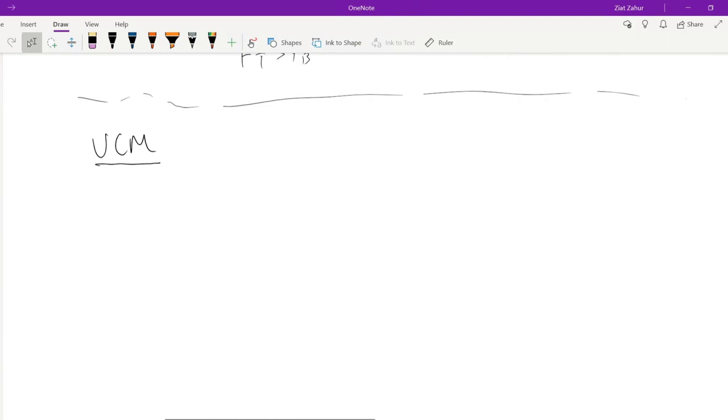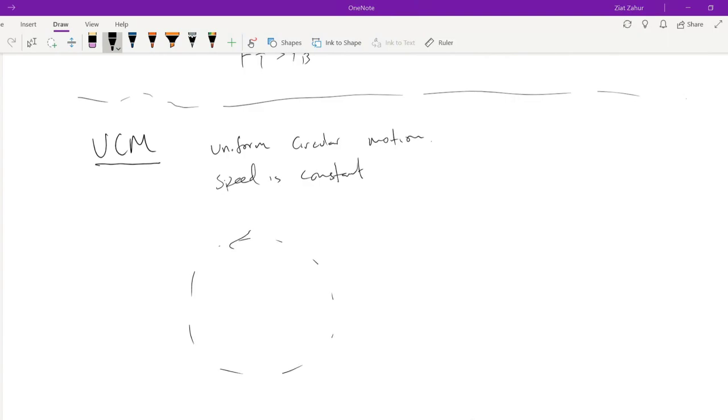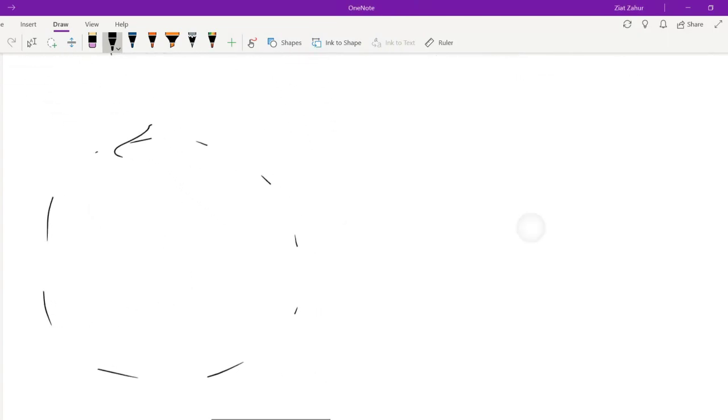Uniform circular motion. Okay, recall that the actual speed is constant. So as you're going around a circle, your velocity vector is tangent to the circle.